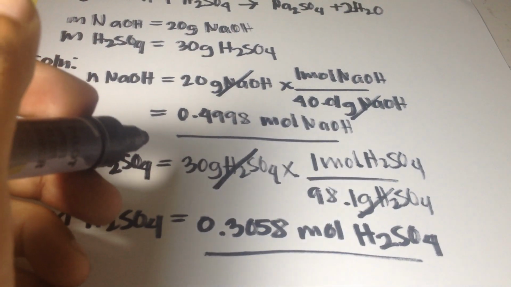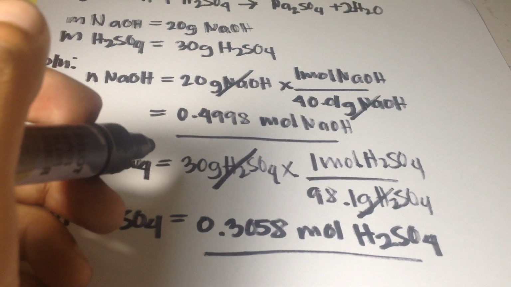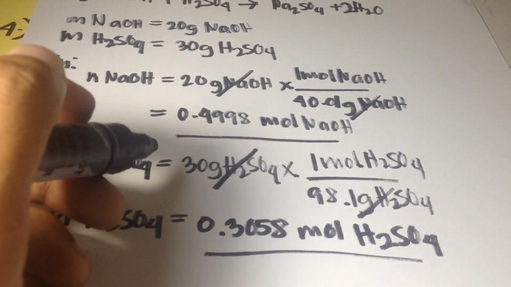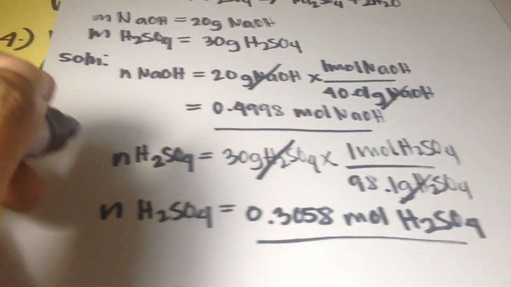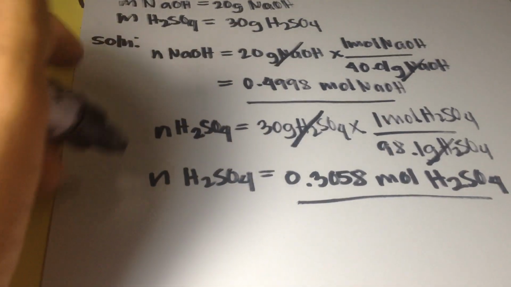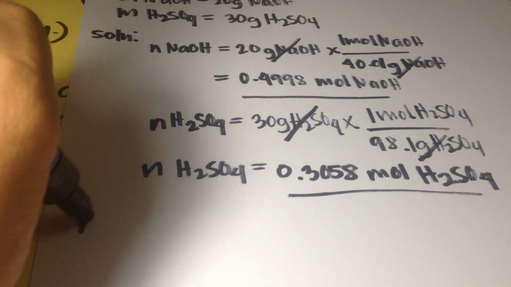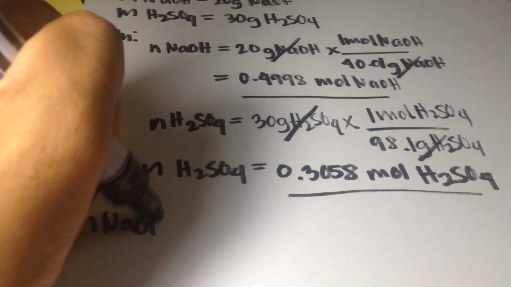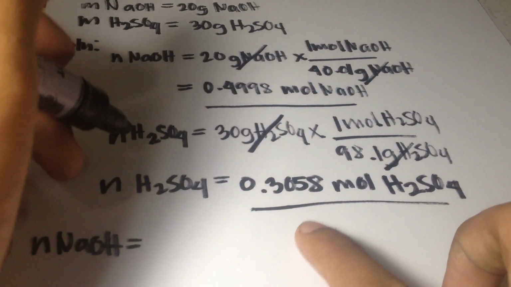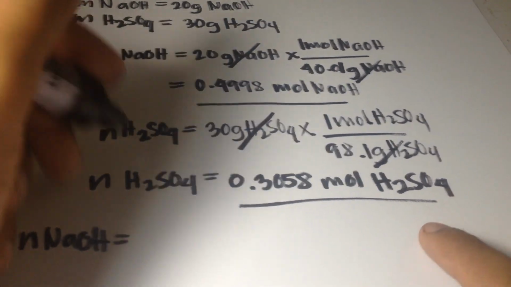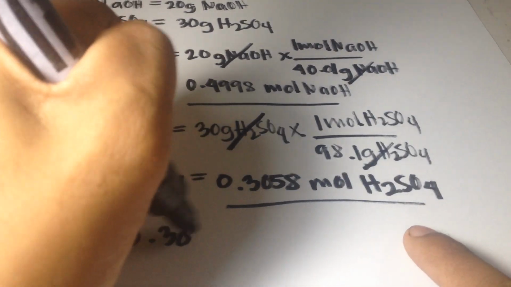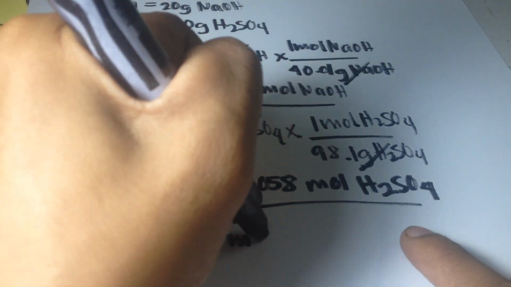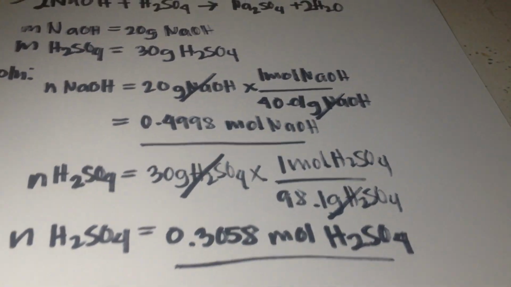Okay? Which is lesser? The lesser number is sulfuric acid. So let's get again the moles of sodium hydroxide. So the moles of sodium hydroxide is equal to 0.3058 moles of sulfuric acid times the ratio.